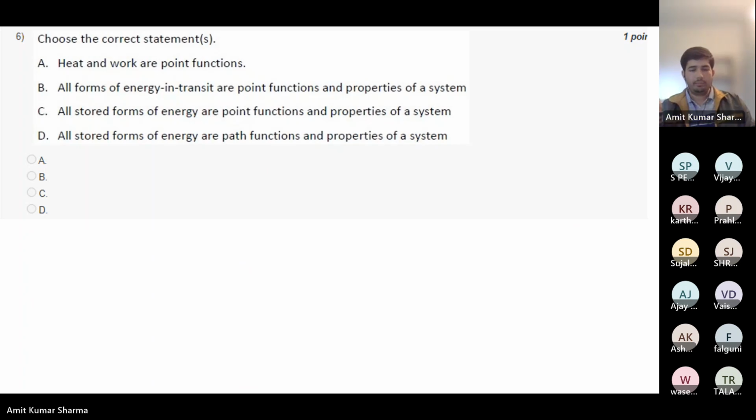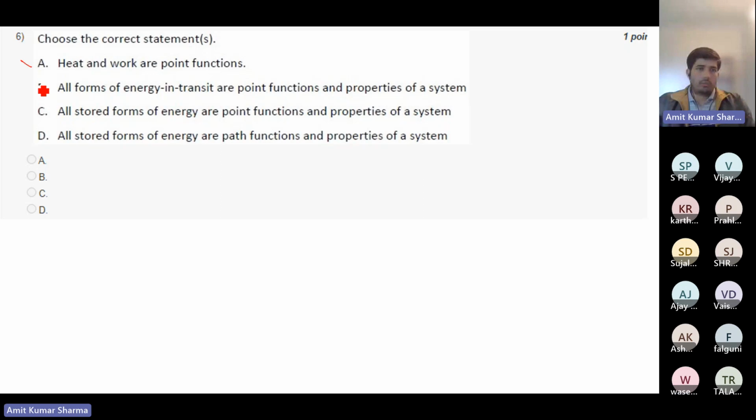For a practical example, there are multiple paths. One path has more resistance, one path has less resistance. You can think in that way. So there will be more loss in one path, less loss in the other path. So heat and work are path function, not point function. So option A is wrong. Option B.